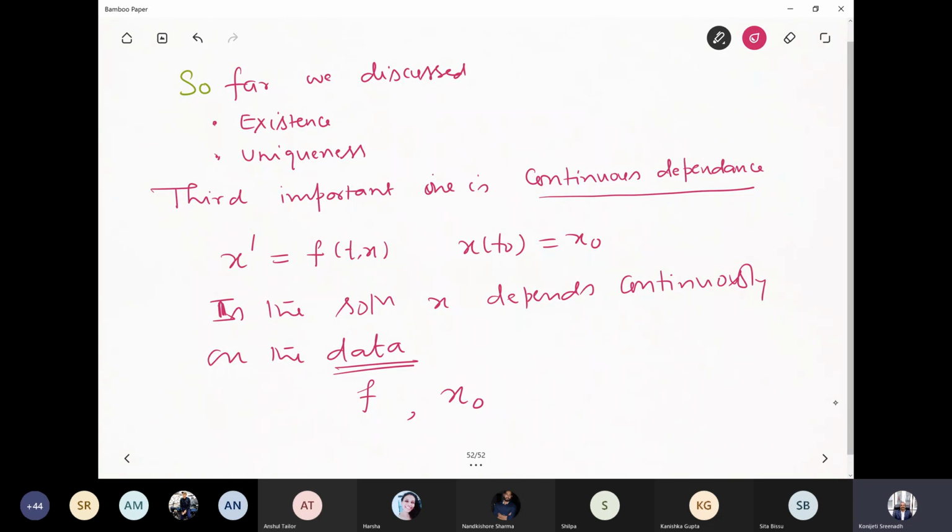Why this is important: when you turn any real world problem into a mathematical model, you get a differential equation. But the initial data or the nonlinearity, also known as the source terms, we calculate using some instruments, say for example, measuring the temperature. So it is never going to be exact.